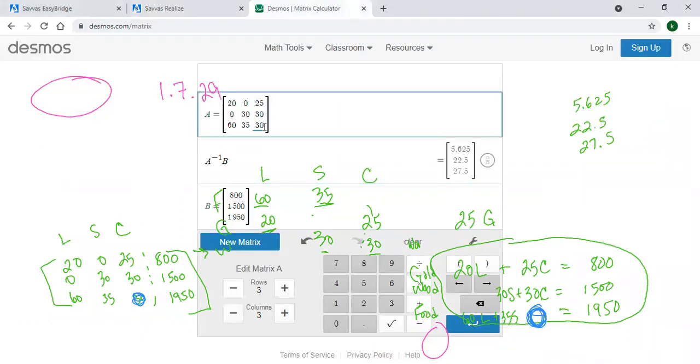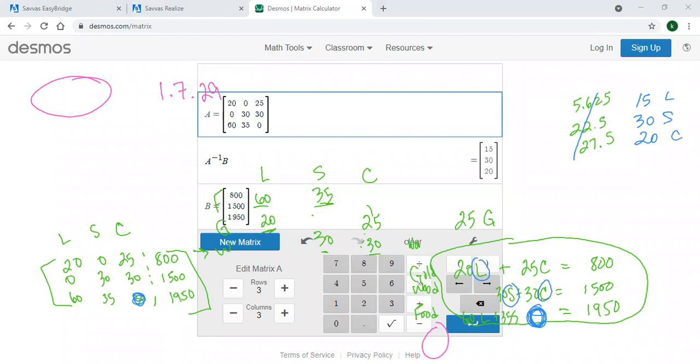This 30 right here should be a 0. There we go. That seems like numbers that make better sense. So scratch those, and it's the 15, 30, and 20 in the order of L, S, and C, just like they were listed over here.